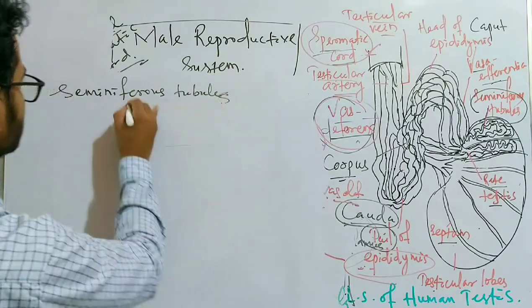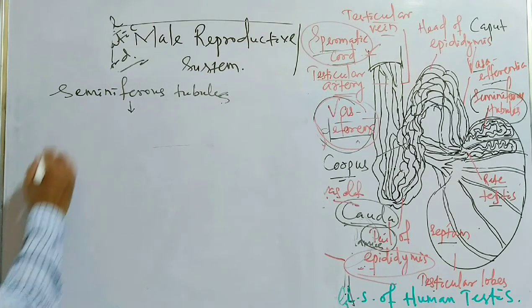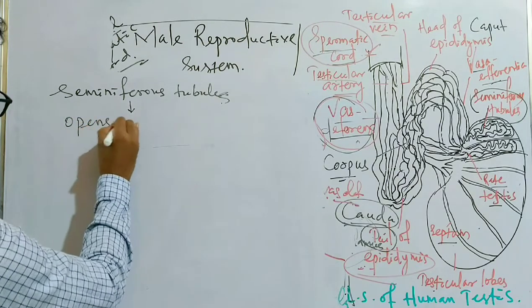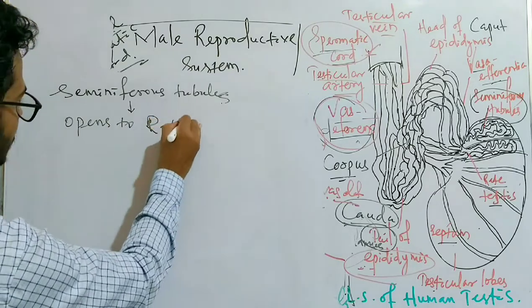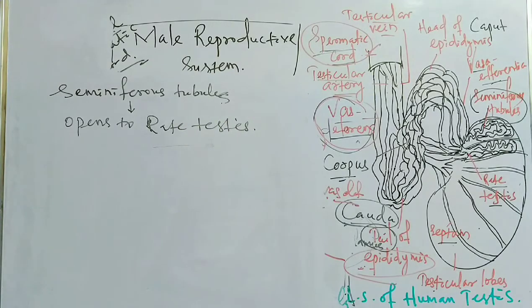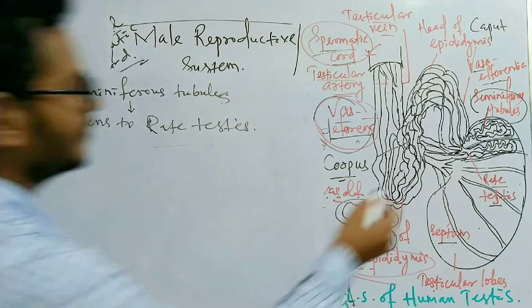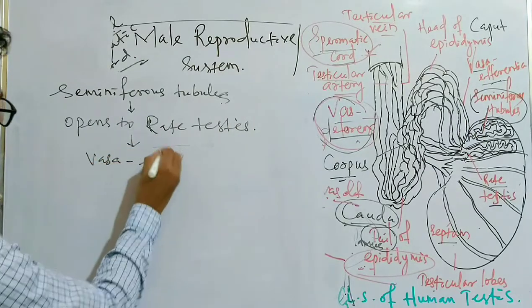Seminiferous tubules, many tubules are there. From the seminiferous tubule, it opens to a network of tubules known as the rete testis. Then it will travel to the vasa efferentia.